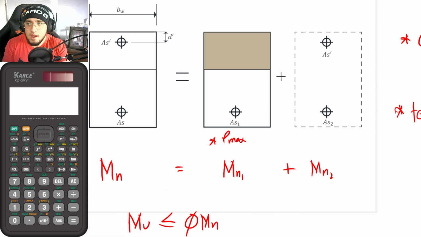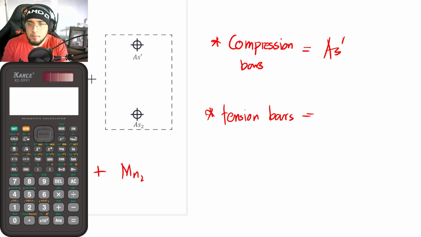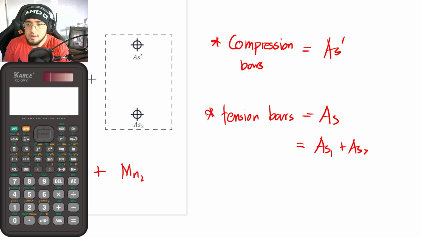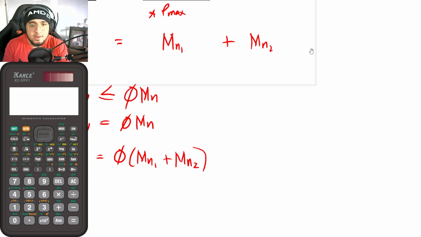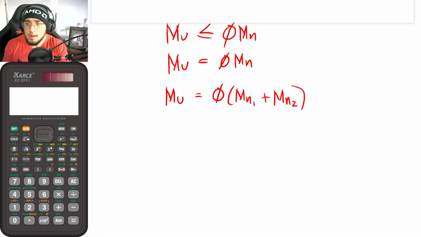Basically, As is equal to As1 plus As2. So for the tension bars, that is equal to As, and take note that As is equal to As1 plus As2. Okay, so we will be having a sample problem in the next video.